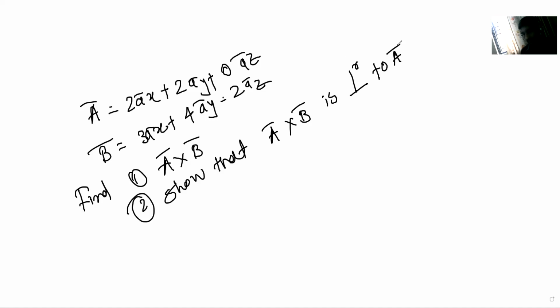So this is the homework, you can say, or if you want, you can solve it and tell me the answer for verification. This example has been asked in university examinations, so I have given it to you. It was asked for 6 marks.